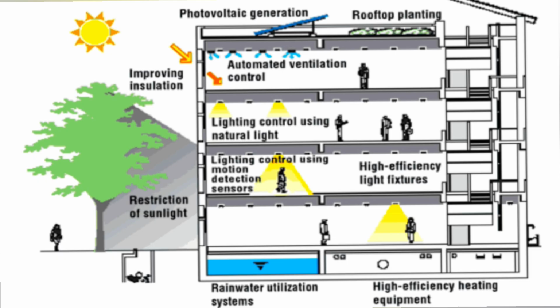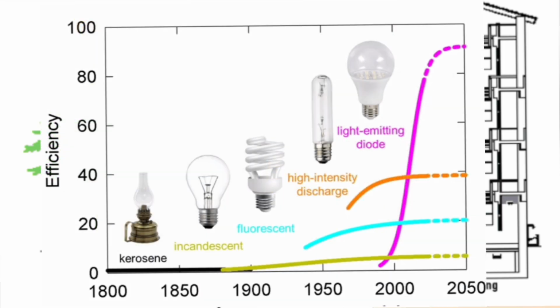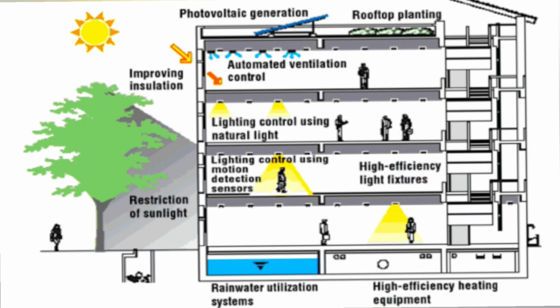If we compare the different categories of bulbs in the graph, we have kerosene at the bottom, and efficiency increases with incandescent, fluorescent, high intensity and light emitting diode.